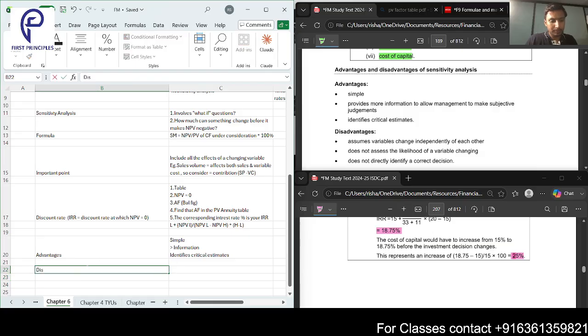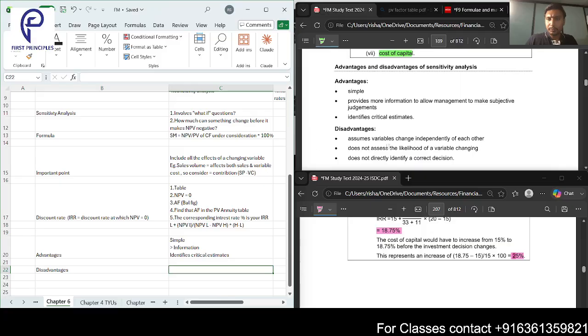Now let's look into the disadvantages. It assumes variables change independently of each other.